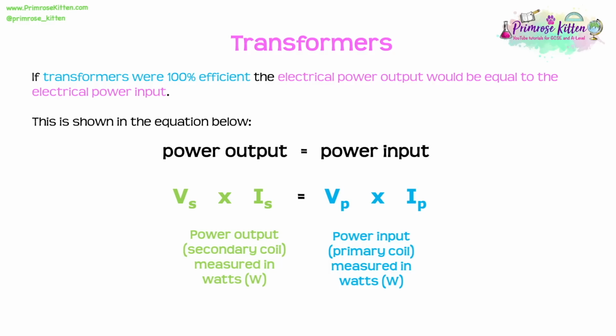So power output equals power input, but we'll use that in terms of the equation that power equals V times I. And we say that Vs times Is equals Vp times Ip. And this of course means that the potential difference of the secondary coil times the current in the secondary coil is equal to the potential difference in the primary coil times the current in the primary coil.